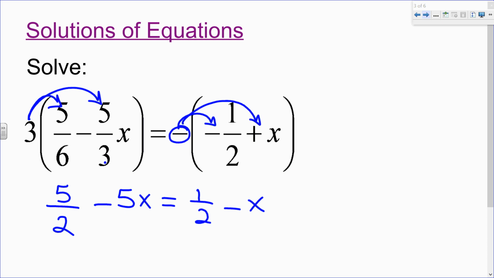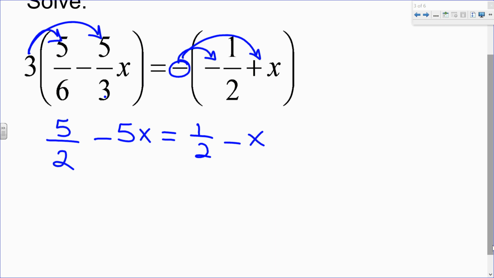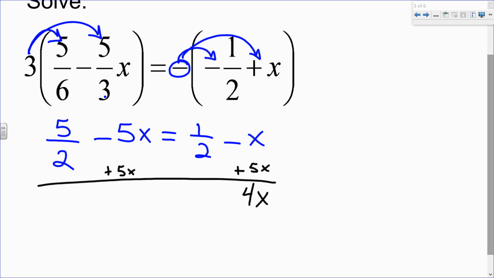And I think what I'll do first, just because it's pretty easy, is I will combine the x's all on one side. And if I do that, if I add 5x to both sides, just because I kind of want to get a positive value, the 5x minus x becomes a 4x.